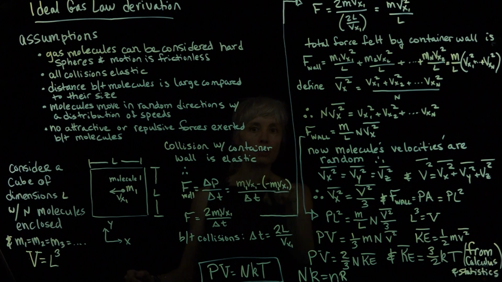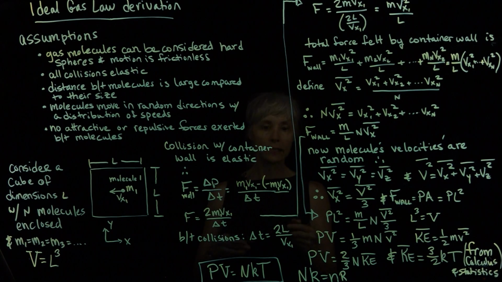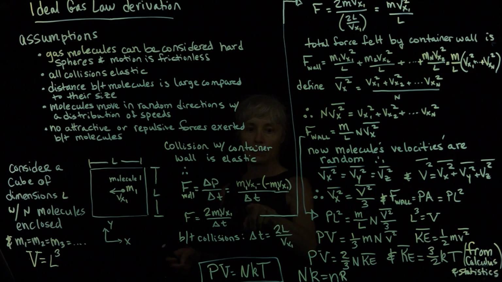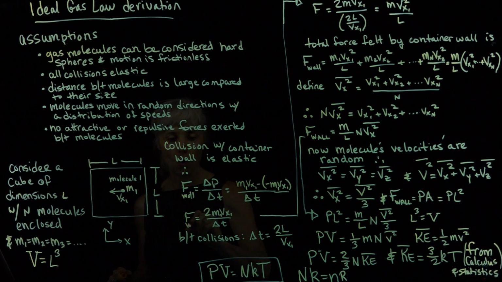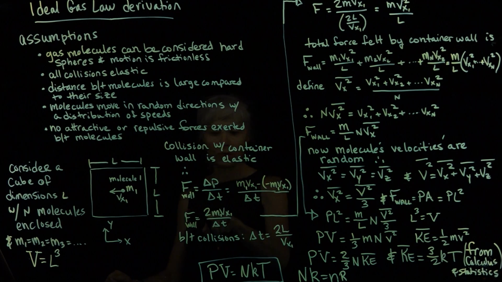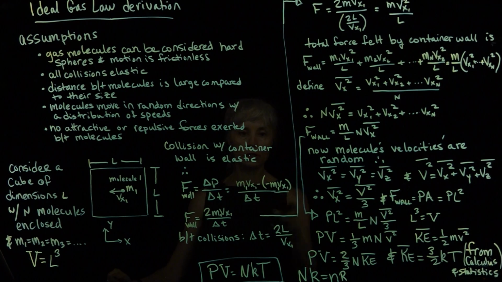This is conservation of momentum in that it has the same momentum magnitude before the collision as after the collision, which says it's a completely elastic collision, divided by the time. So the force being exerted by the container wall on the molecule is 2 m1 v1x divided by delta t. There are just 2 of these terms in the numerator when I distribute that negative sign.